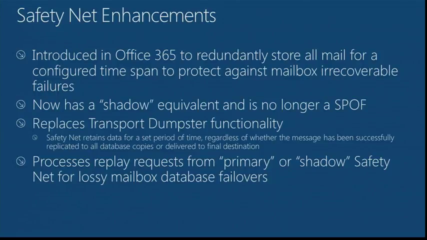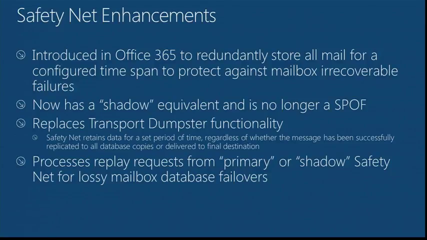Once the log replay is done, that lagged copy, as it comes online, will automatically request redelivery of any missing messages for that outage period from safety net. And then safety net will deliver all of that missing mail, thereby activating your lagged copy, not quite automatically, but almost automatically. There's no administrator intervention required.